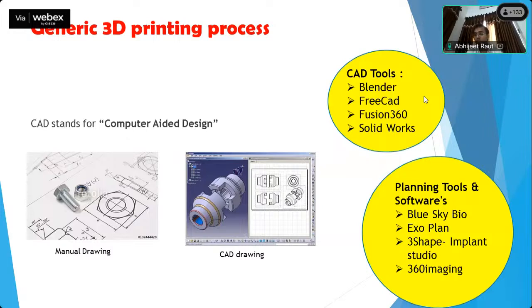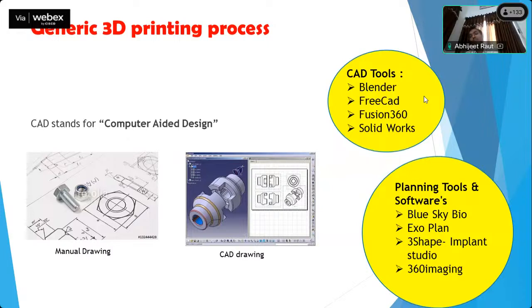For all the dentists or doctors, the 3D exports are free, where you can perform all the planning related things. Otherwise, there are various paid or commercial software like 3Shape Studio and Implant Studio, which are commercial software. Exoplan is also there, which is also paid software.